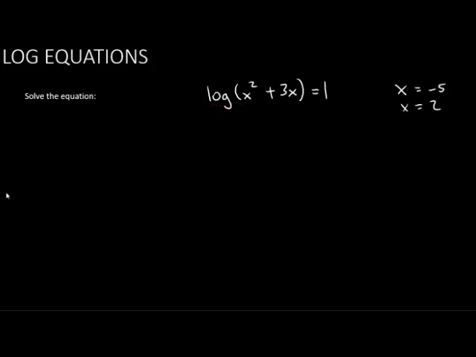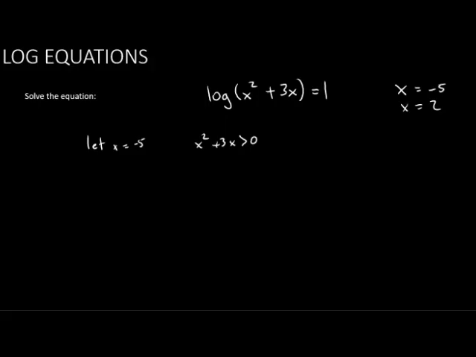We're going to plug each of our solutions into the log term and check to see if it's greater than 0. Therefore, we'll first let x equal negative 5. We'll assert that x squared plus 3x is greater than 0.